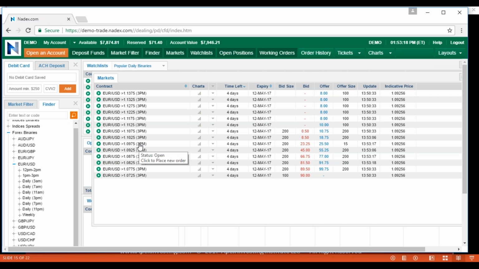So binary strikes are 2 ticks apart, 2 pips apart. Over the next hour, could be a little more, so they're 4 ticks apart for you to choose from. Now the dailies could have a little more room between now and the next however many hours, so let's do them 20 ticks apart, give you some different room. A lot can happen in the Forex market in 4 days though, right? So they're 50 ticks apart.